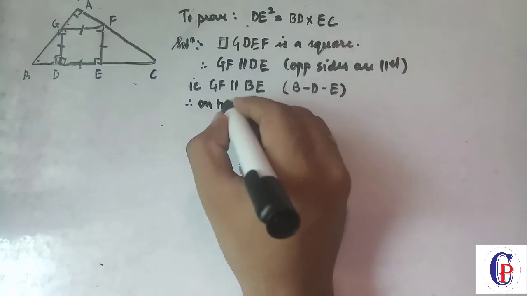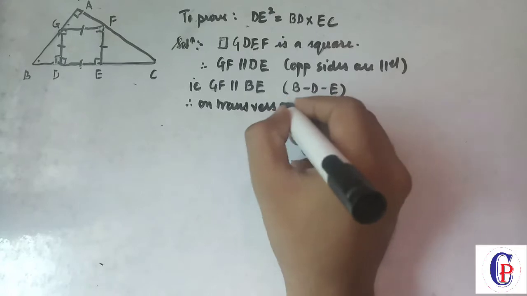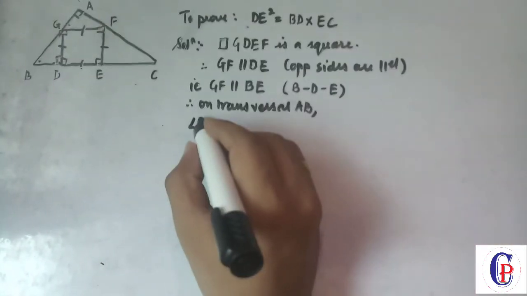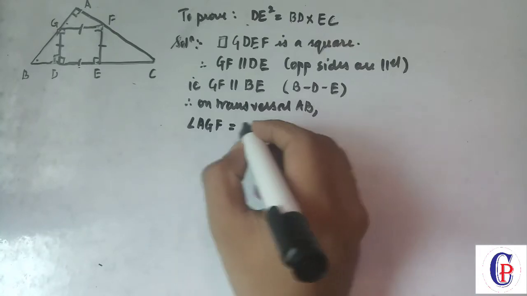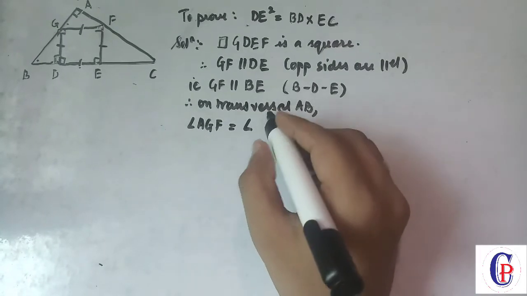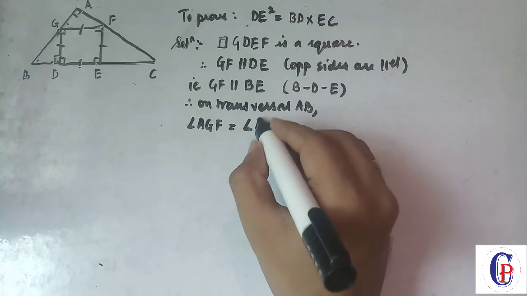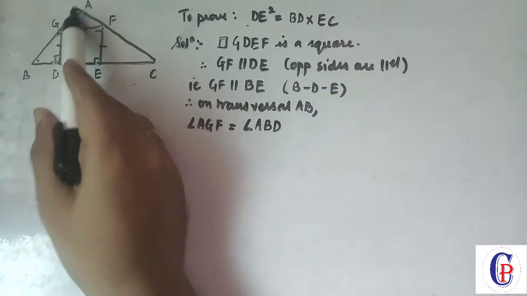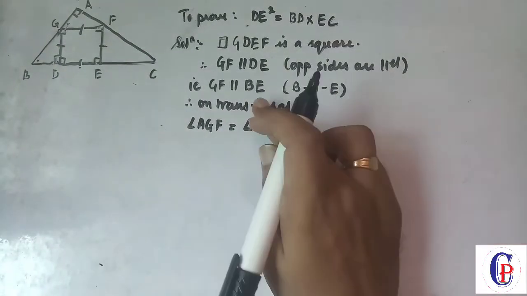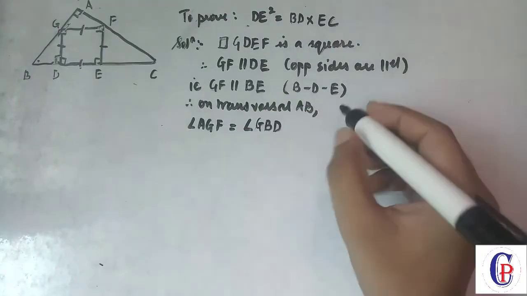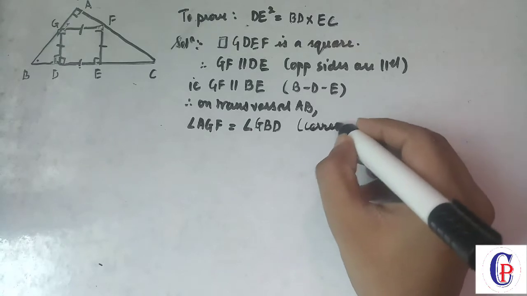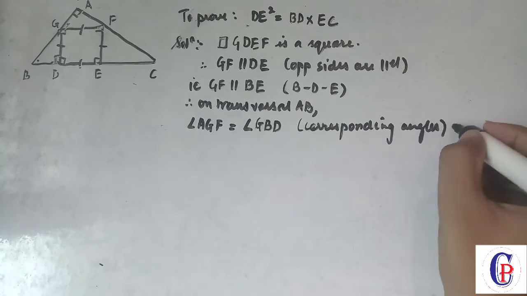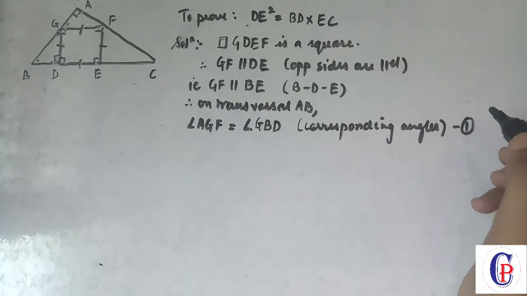So therefore on transversal, if we take AB as the transversal, we get angle AGF is equal to angle ABD, or we can also write GBD. They are corresponding angles, and let us take it as 1.